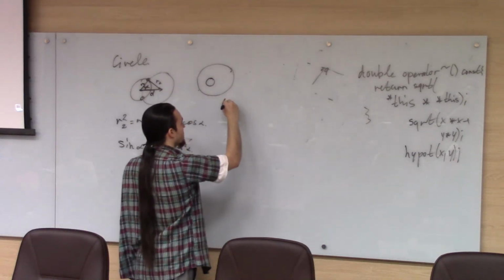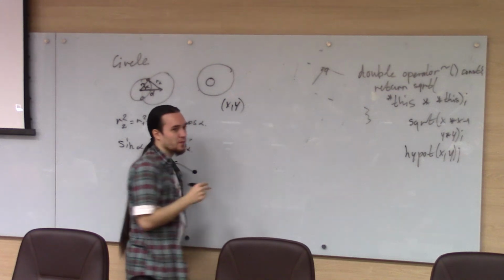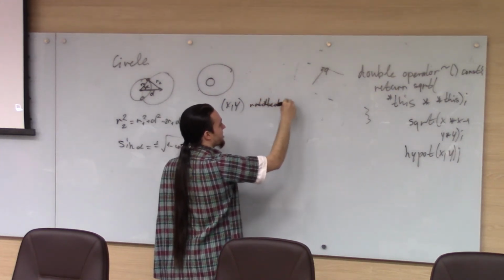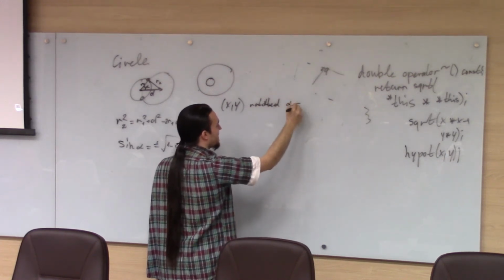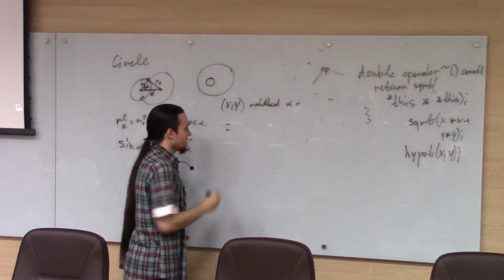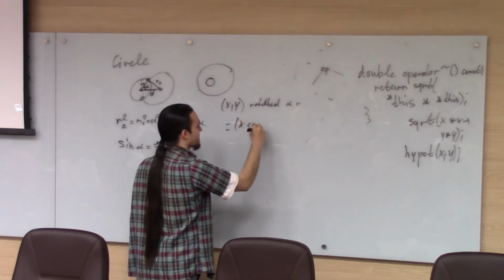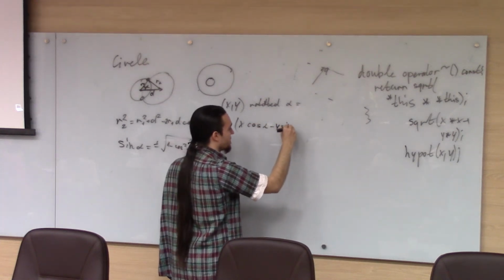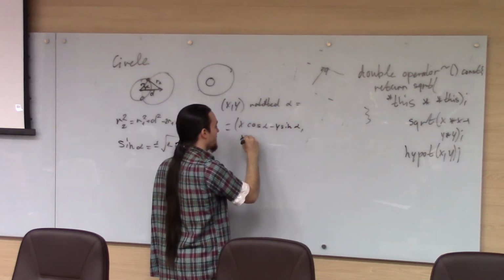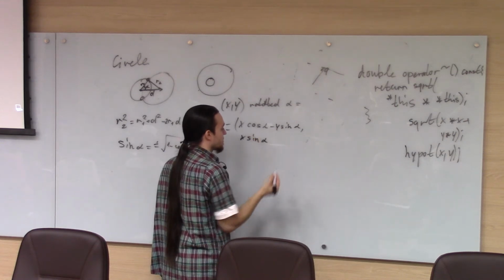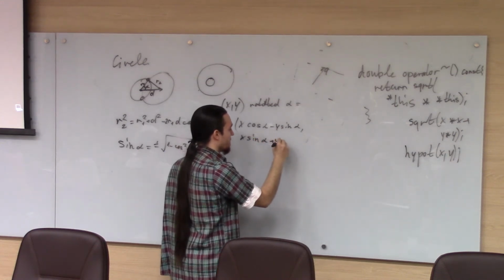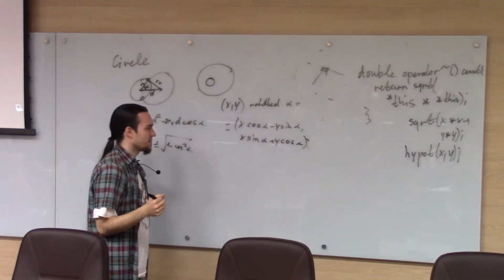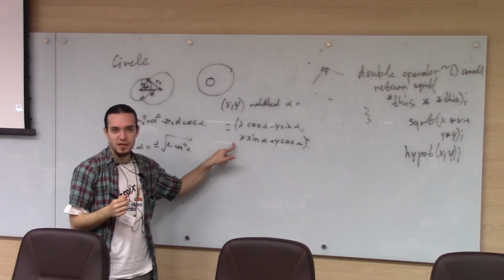If we want to take a vector with coordinates x and y and rotate it by the angle alpha, then the resultant vector would be x cosine alpha, I want to say minus y sine alpha. Then here we have x sine alpha, and here something along the lines of plus y cosine alpha. I may have messed up the signs, but anyway, you will have this formula in the handout.